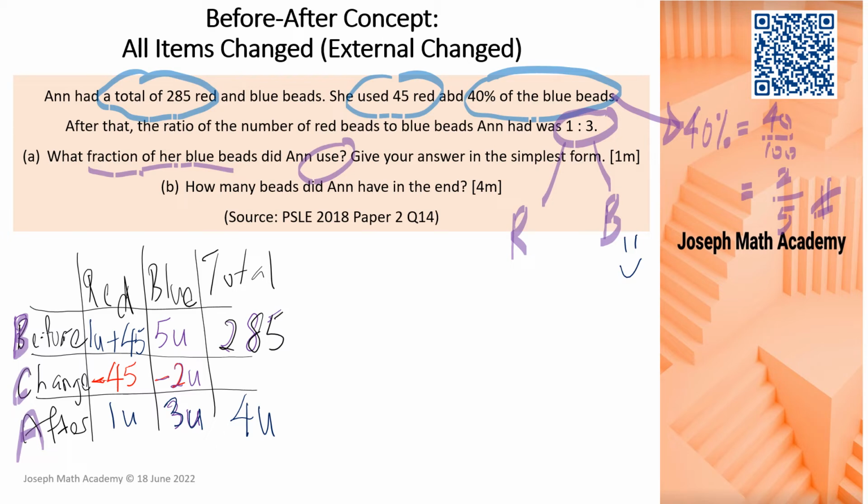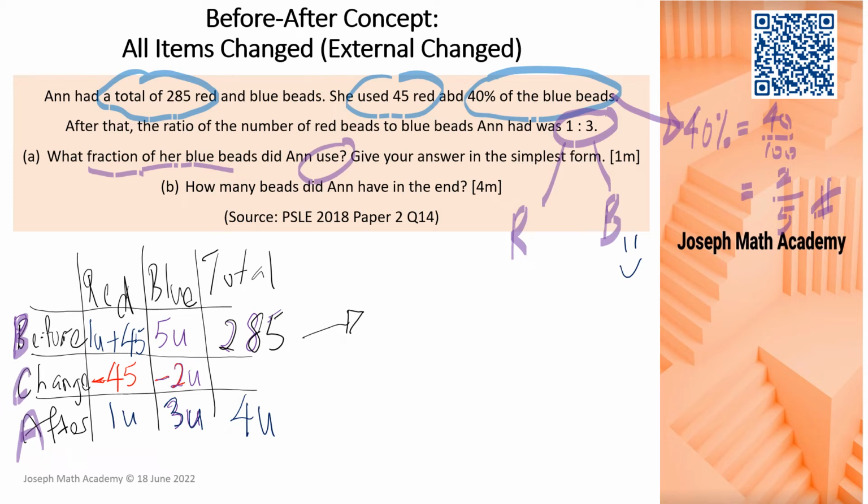Now, looking at the before row, I can actually construct an equation involving units. Let me go through a bit slowly. 1 unit plus 45. Wait, let me rewrite.